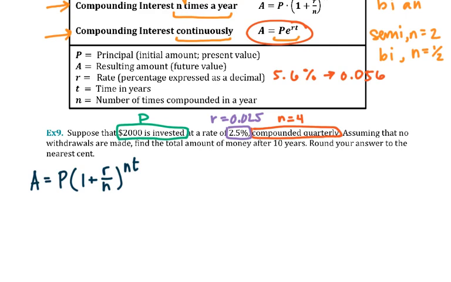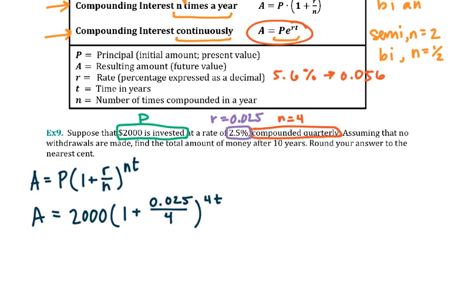Even though that's a percentage with a decimal, percent means per 100, so we're going to divide by 100, and that moves the decimal left 2 places. So my setup here would be A equals 2,000 times 1 plus my rate, 0.025 over 4, to the 4t.